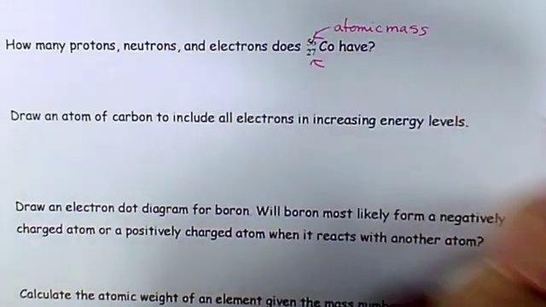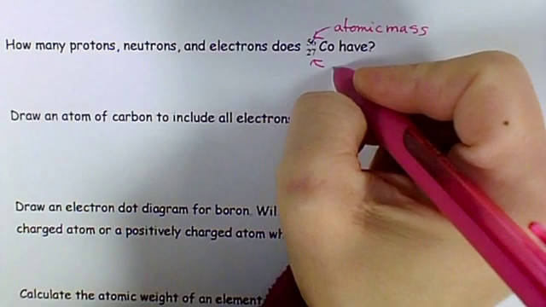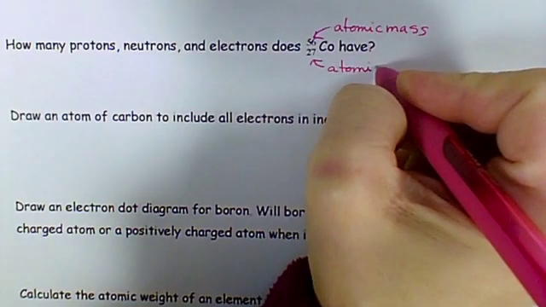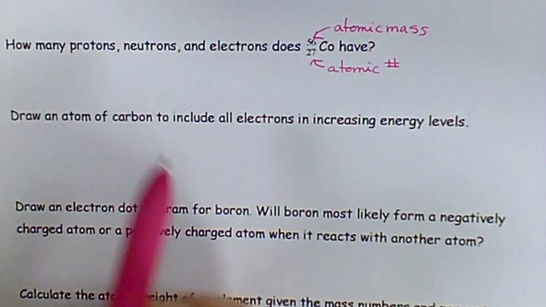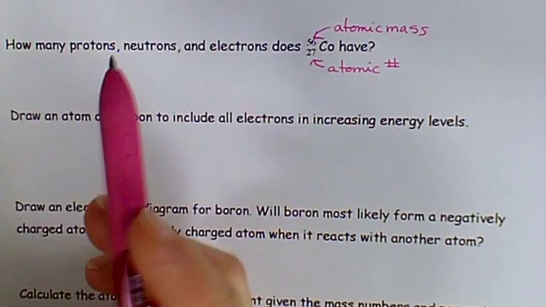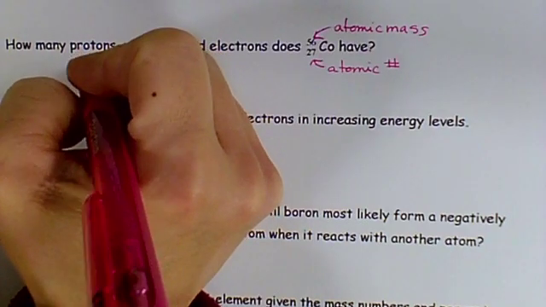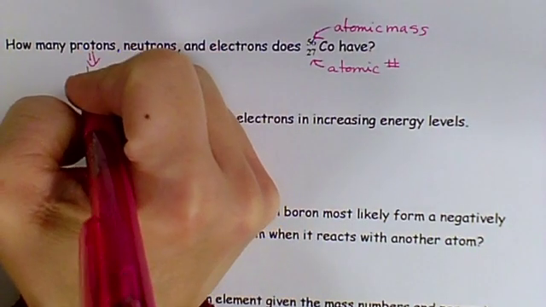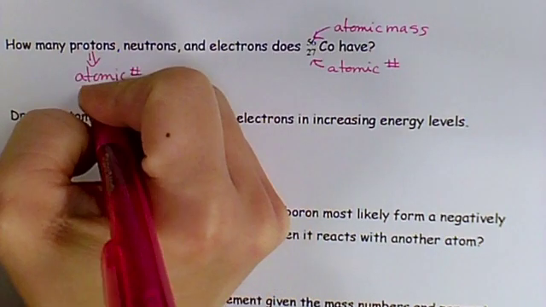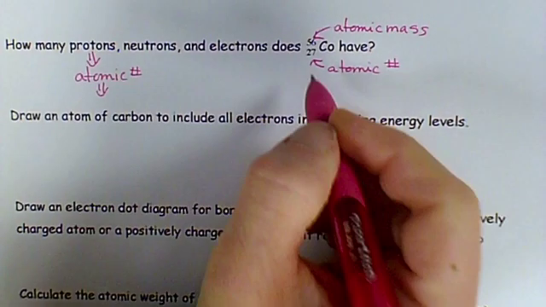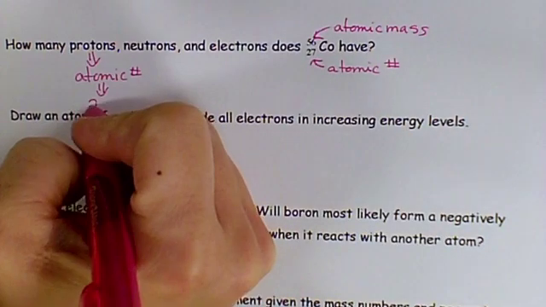The 27 on the bottom is the atomic number. So given this information, you can figure out all of these things. Remember, the number of protons is equal to the atomic number, which is equal to 27 here.